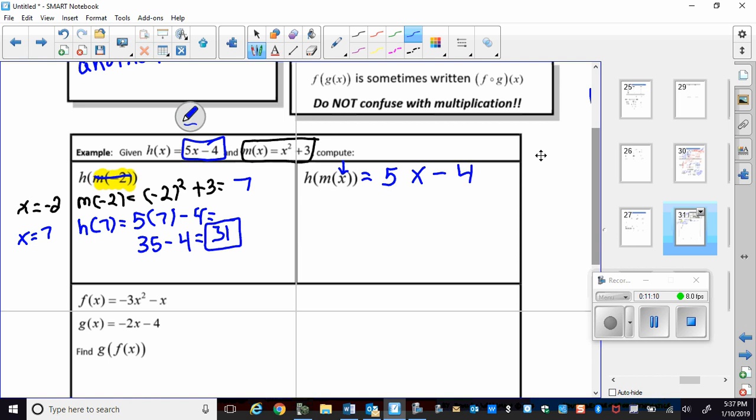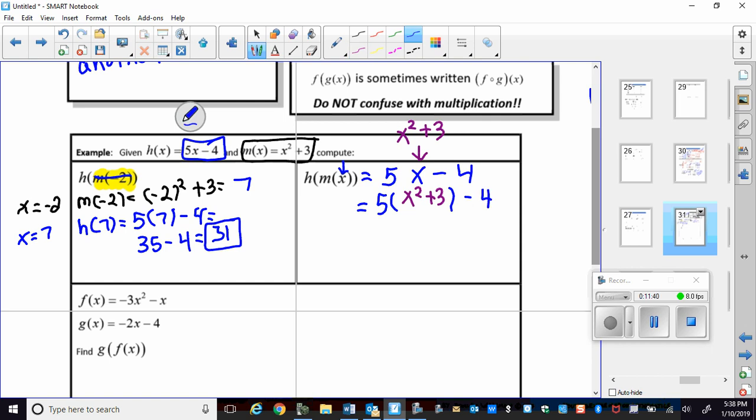When m of x is inside, we're replacing this x with what m of x equals, that's x squared plus 3. We're replacing the x. That gives me 5 parentheses x squared plus 3 minus 4.